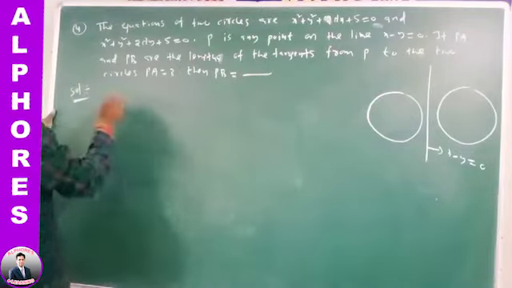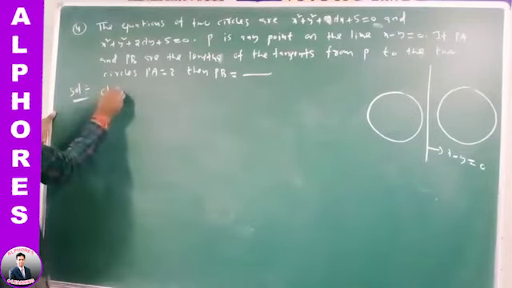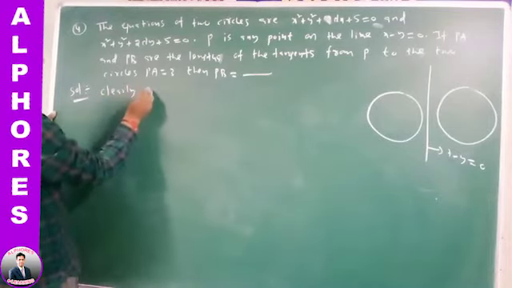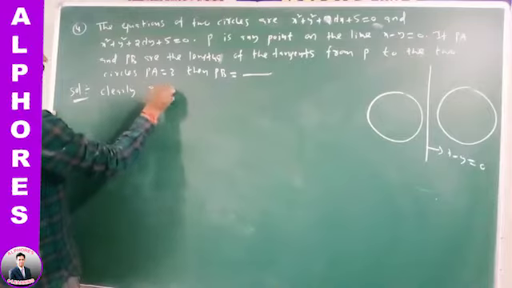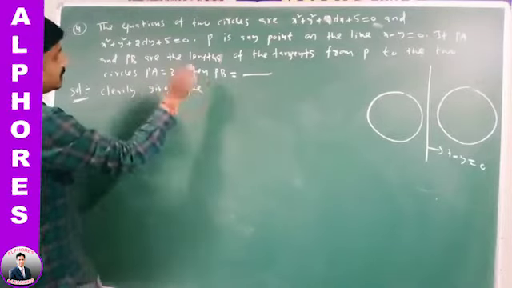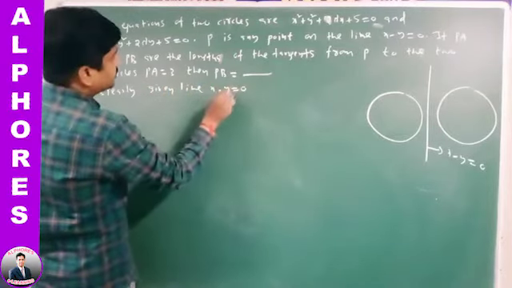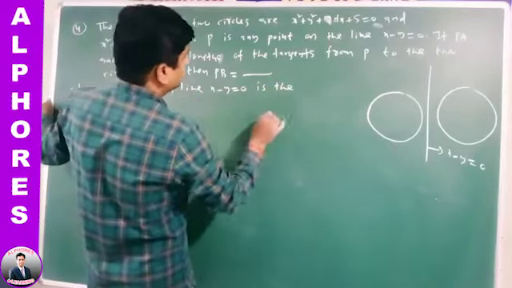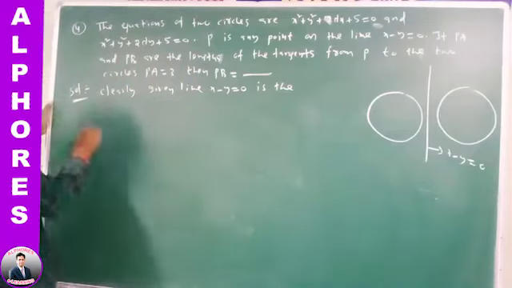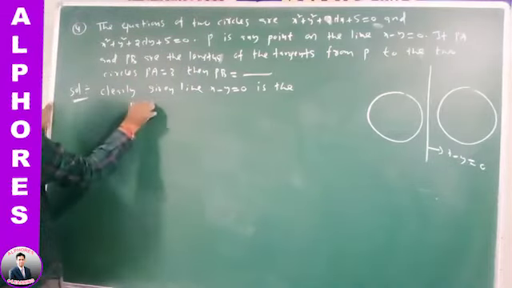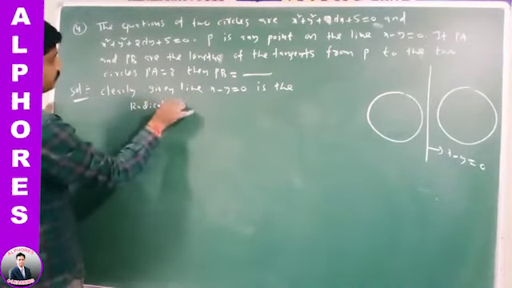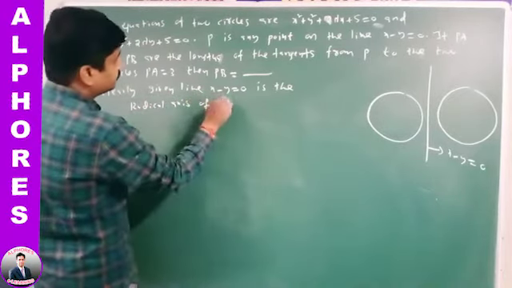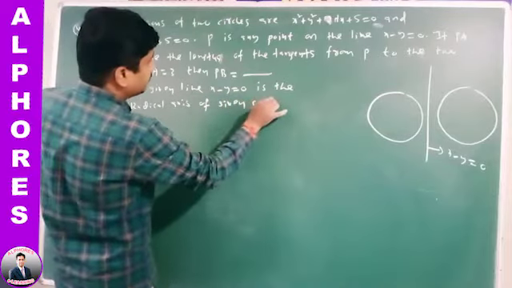Clearly, the given line x minus y equal to 0 is the radical axis of the given circles.